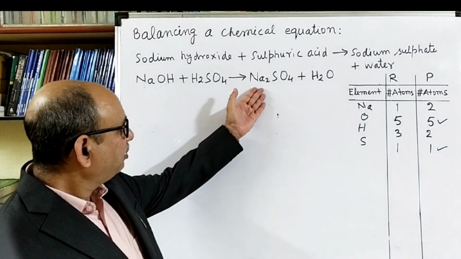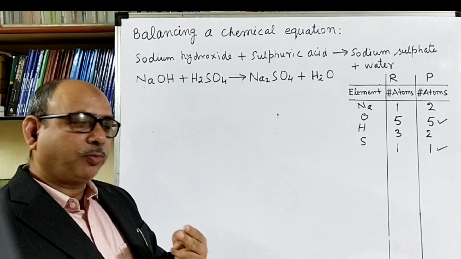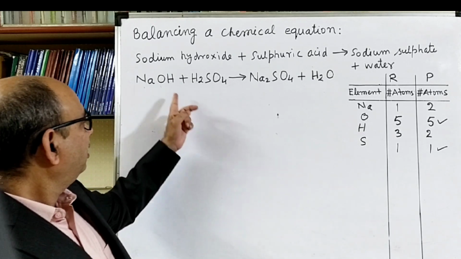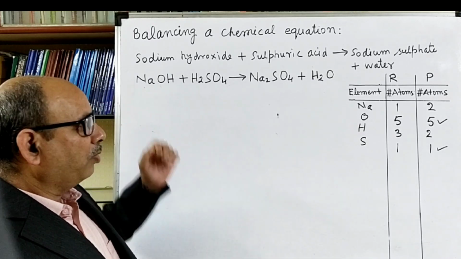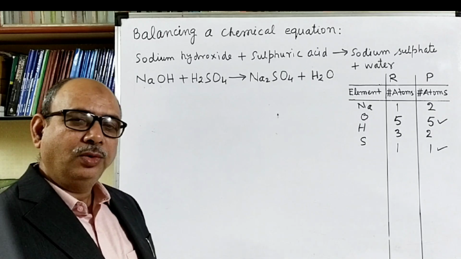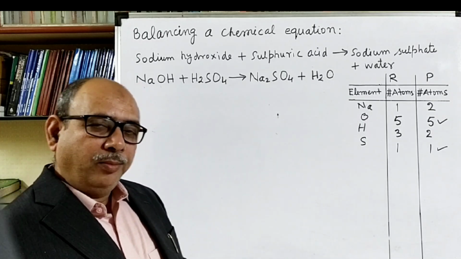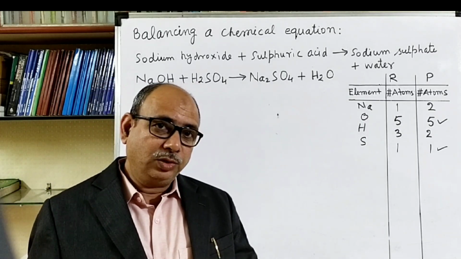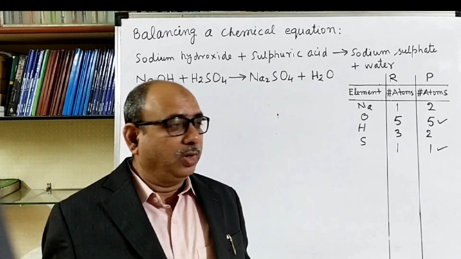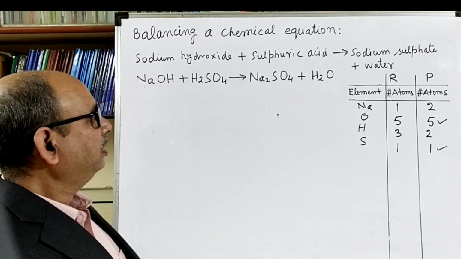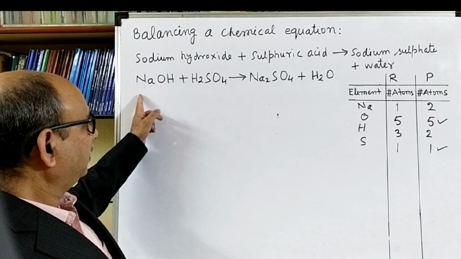Here the number of sodium atoms is 2. On the product side it is 2, but in the reactant there is only 1. What will we do? We will make the number of sodium atoms in both reactants and products equal. So we need to multiply by 2 on this side.